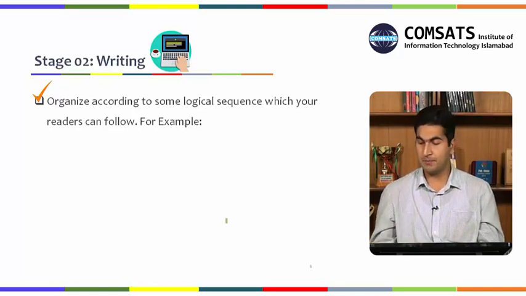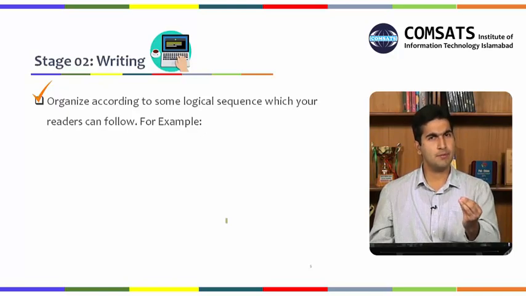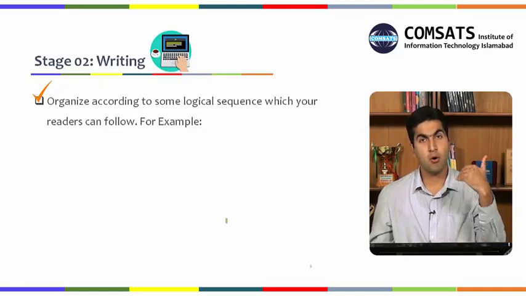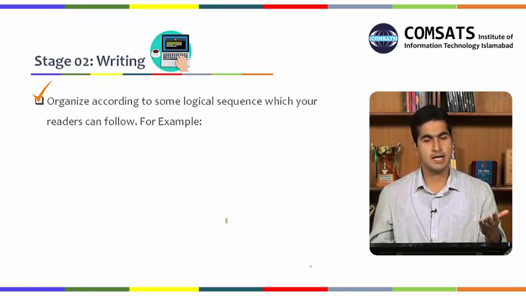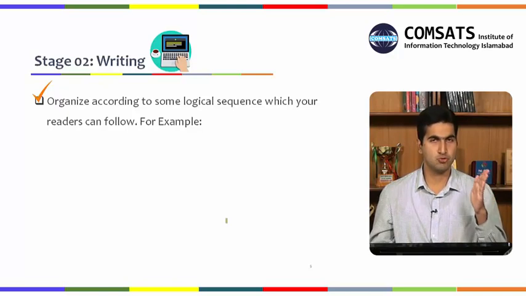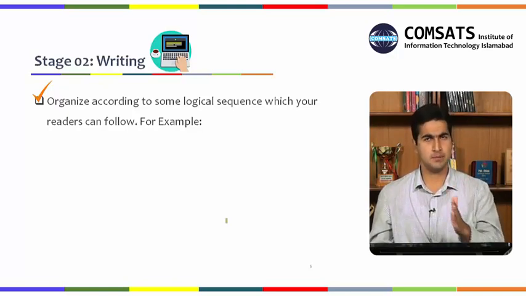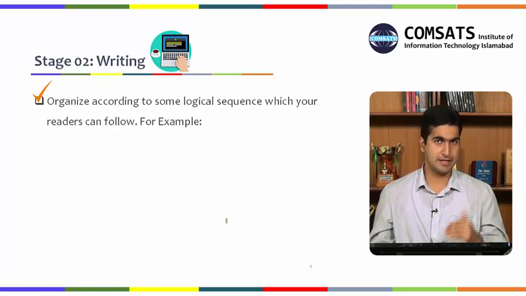We're going to discuss them gradually in the form of some examples as well, so that you may have an idea that writing is not just a random process, but once again an organized form of writing, and you have to structure it based on the objectives and the examples for which that writing has to be done.